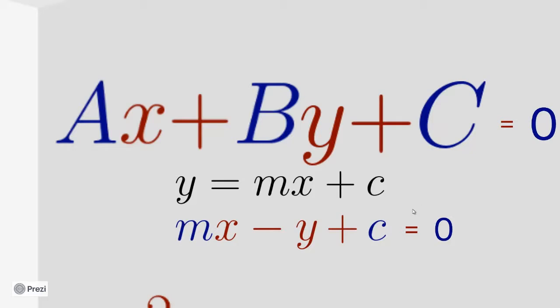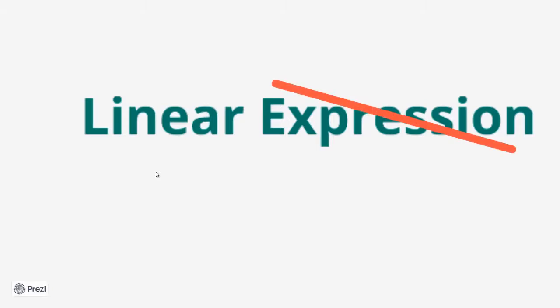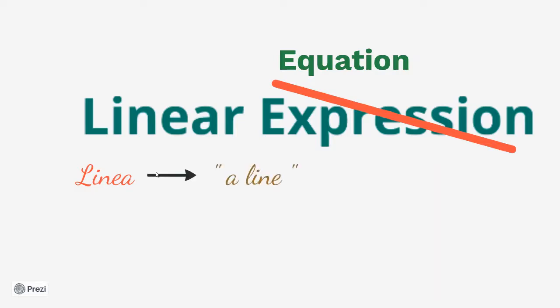When you write it in this way, it is called a linear equation, not expression, because we have an equal to sign. It is also called the general equation of a line. By the way students, what does linear mean? The word linear comes from the word linea, a word from the Latin language. Linea means a line.